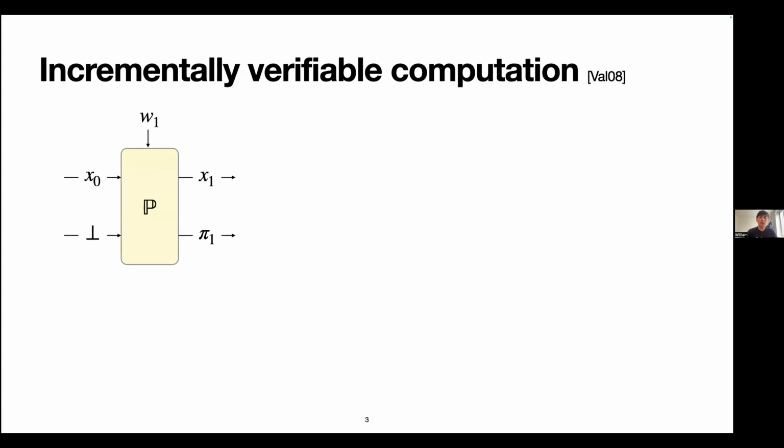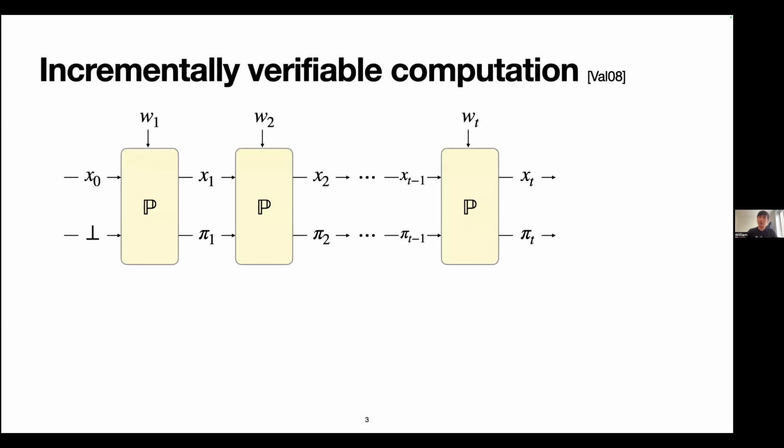And the point is you can do this repeatedly. Given the next state and a proof for that state, you can generate the next state and a proof for that as well, for an unbounded number of steps. And at any point in the computation, someone can verify the current state of the computation just by verifying the current proof.